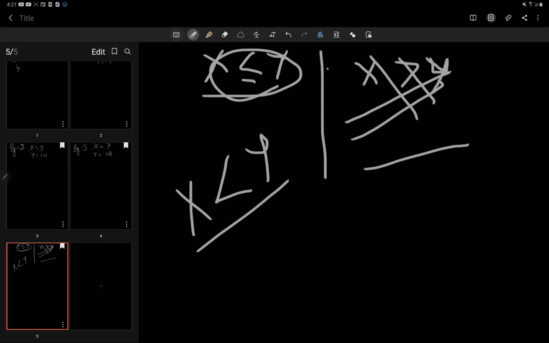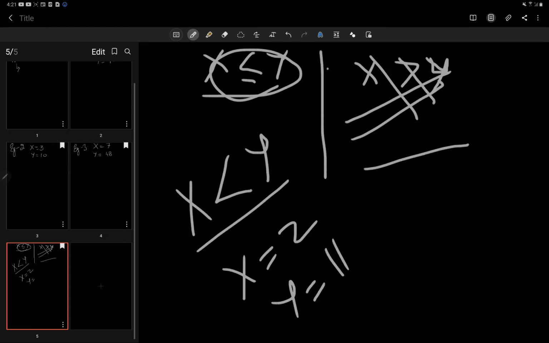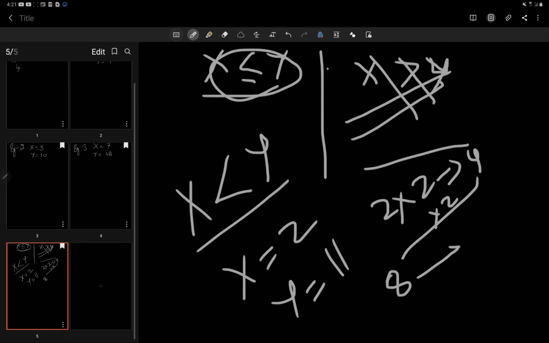For this case, let's see an example. Suppose x equals 2 and y equals 11. We see that x is less than y. First we multiply it by 2 and get 4. Then again we multiply by 2 and get 8.